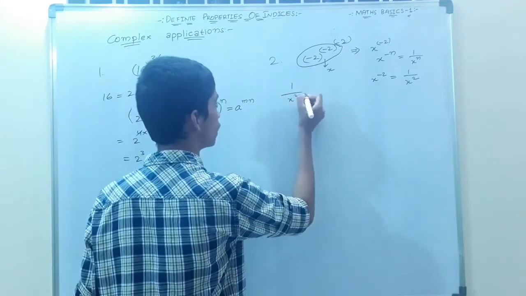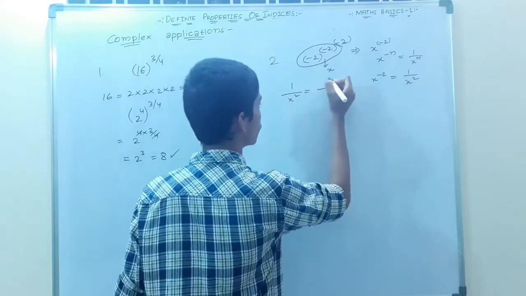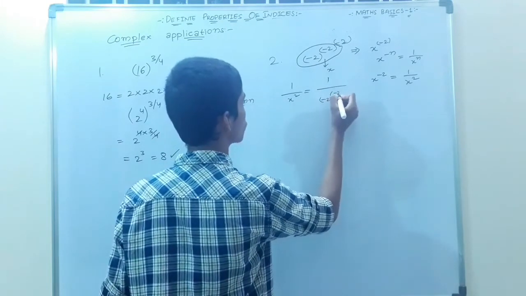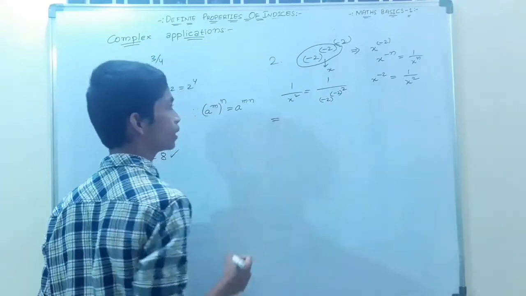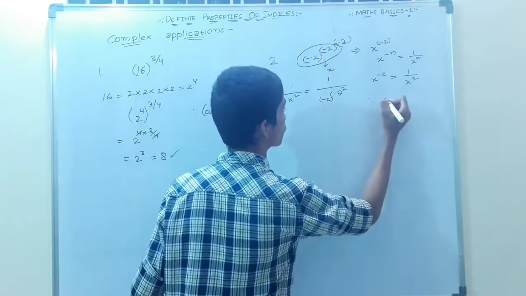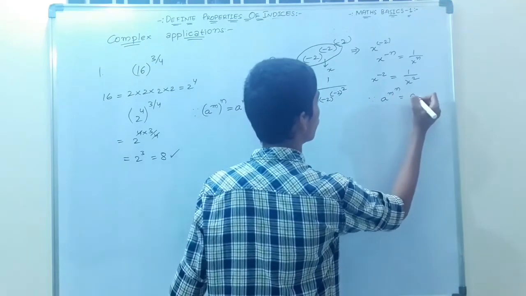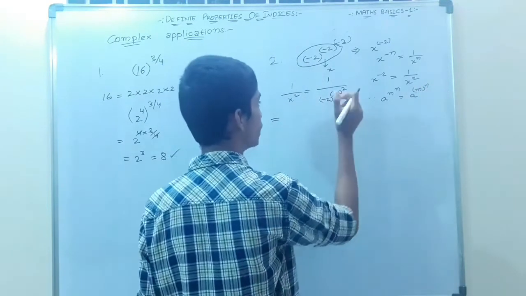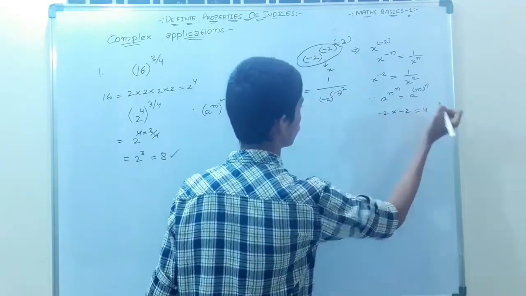1 by x square is equal to, substituting the x value here, 1 by (minus 2 power minus 2) whole square. Next, we have the formula (a power m) power n, so we get minus 2 into minus 2, that is 4.